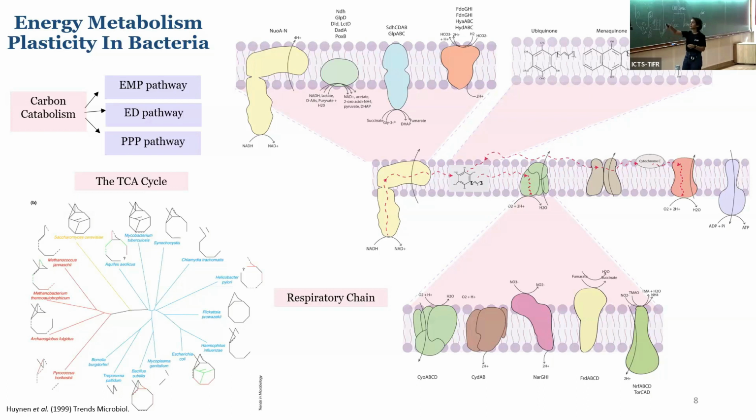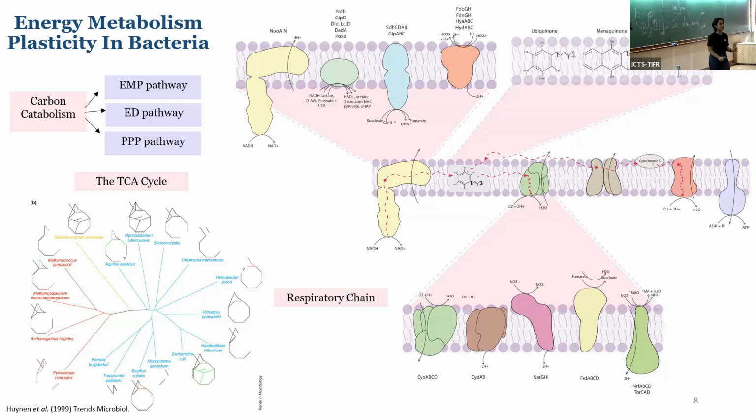Okay, and now let's come to our lab's favorite part, which is the respiratory chain. So this part here is how we usually think about the respiratory chain. You have an electron entry point, a carrier, and an electron exit point, or you can have electron entry, carrier, another transport, like another enzyme, another carrier, and then exit.